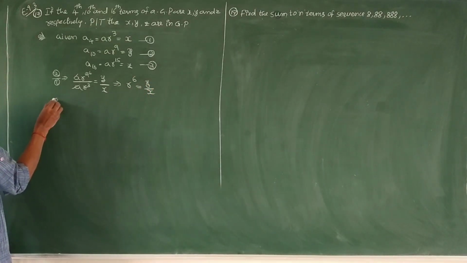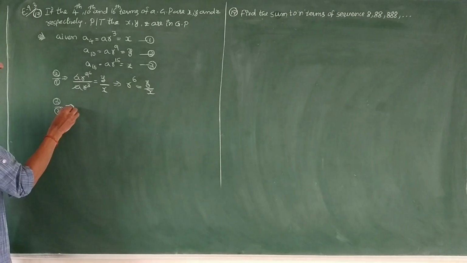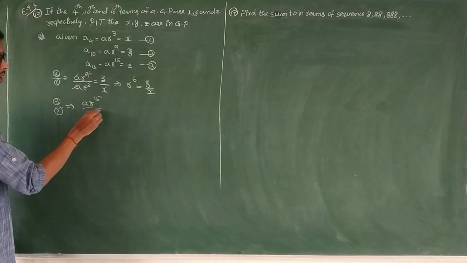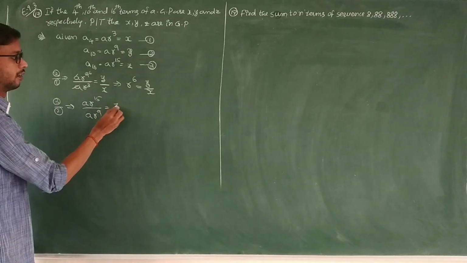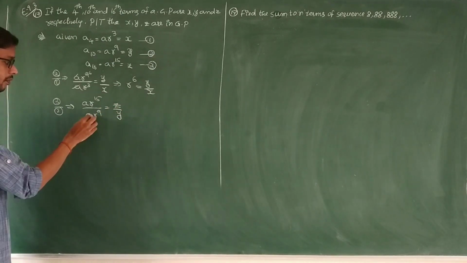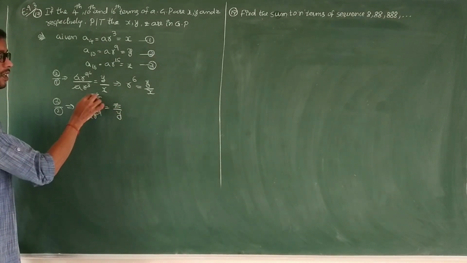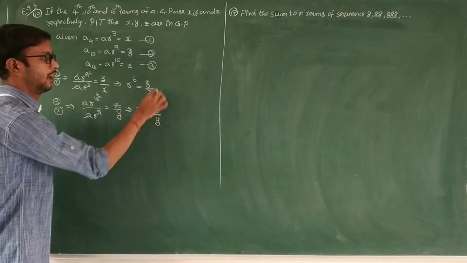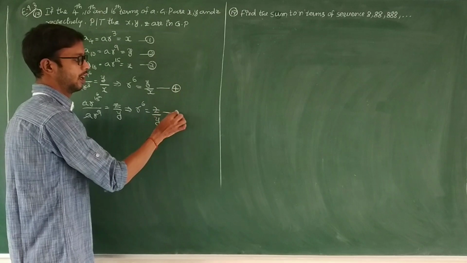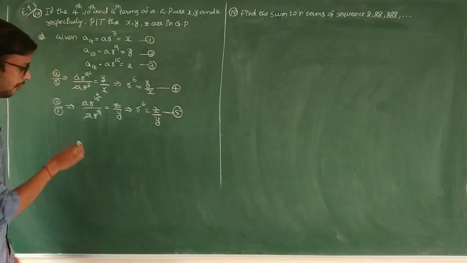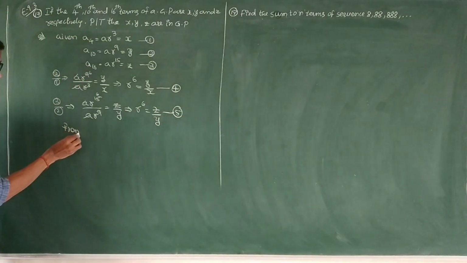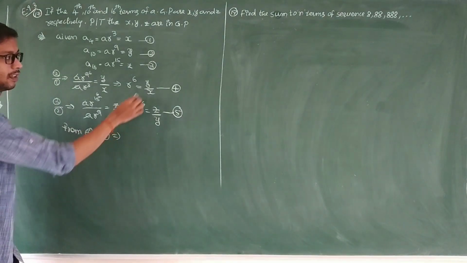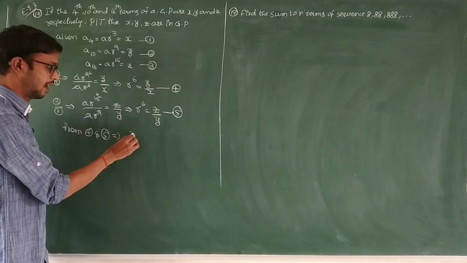Next step, 3 by 2, I will make AR power 15 by AR power 9 is equal to z by y. 9 gone means the remaining will be 6. R power 6 is equal to z by y. So equation number 4, equation number 5. From 4 and 5 it implies left side equal means right side also equal.